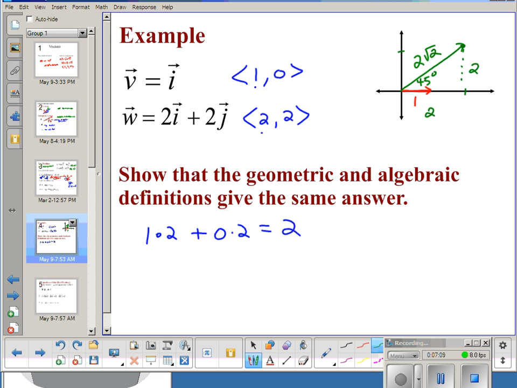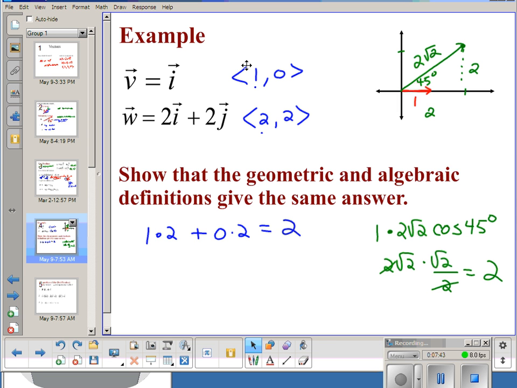But anyway, so there is my picture. And so to find my dot product, I'm going to take the magnitude of v, which was 1, and multiply by the magnitude of w, which was 2 root 2, and then multiply by cosine of the angle in between them, which is 45 degrees. And I do 2 root 2 times root 2 over 2, and voila, I get the same answer of 2.